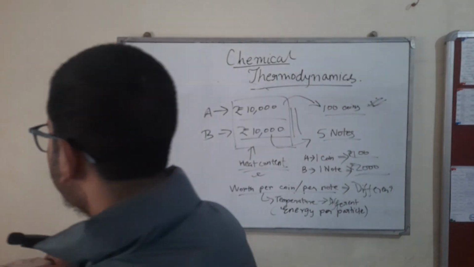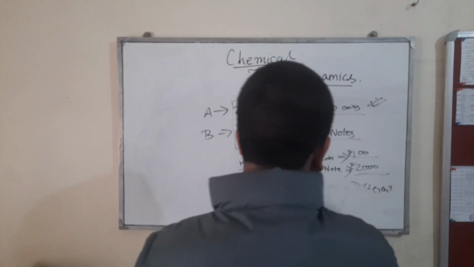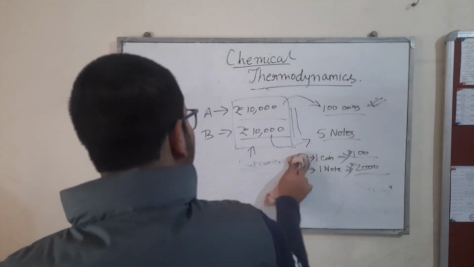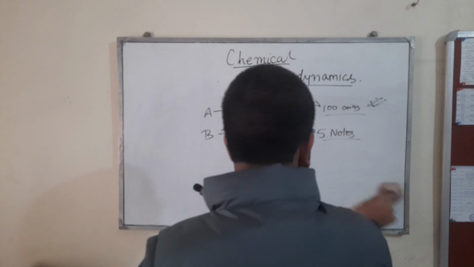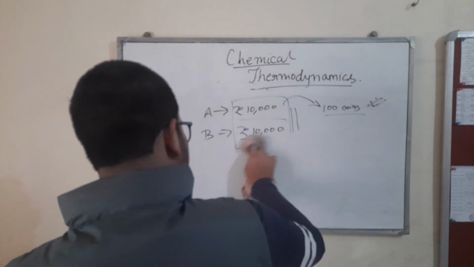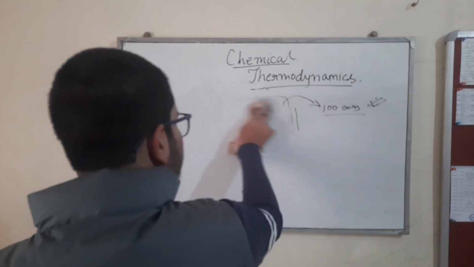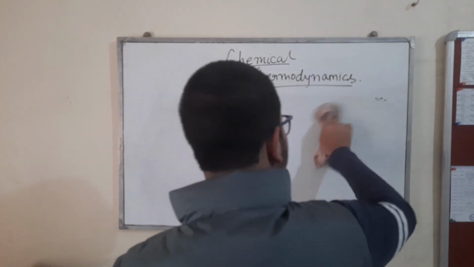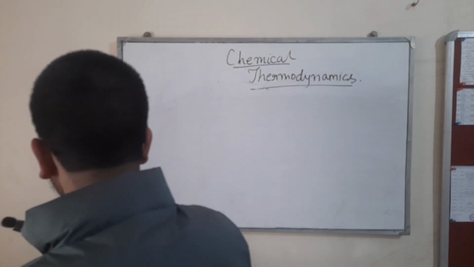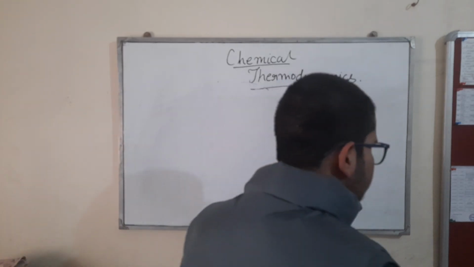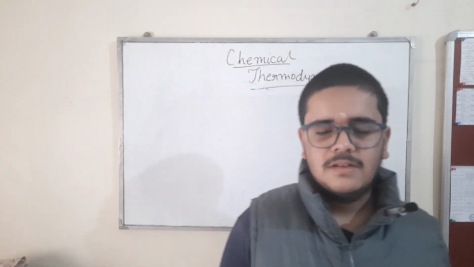Now, let me ask one last question. In winters, suppose it's a long night and the temperature during the night, you have seen on the weather app, is 5 degrees Celsius outside.